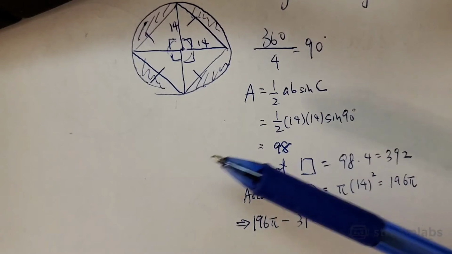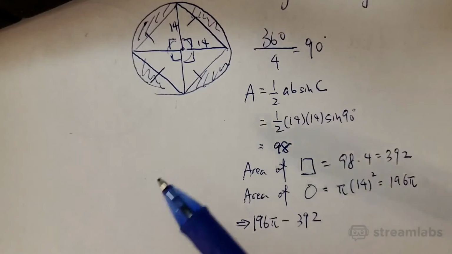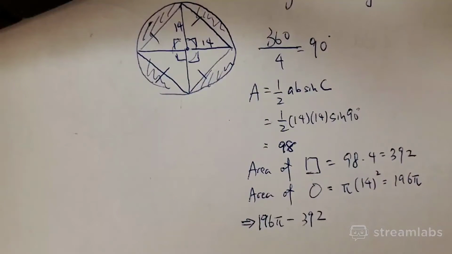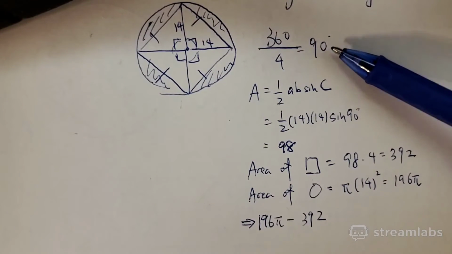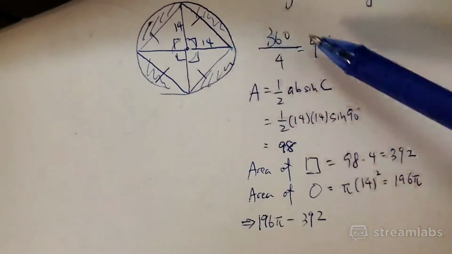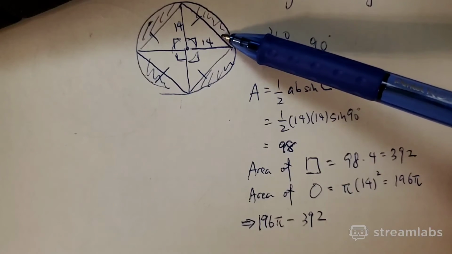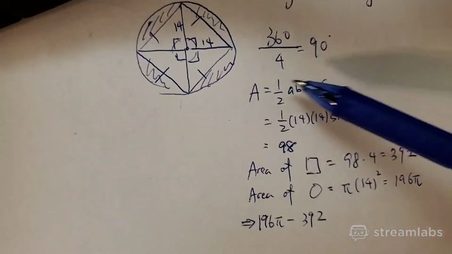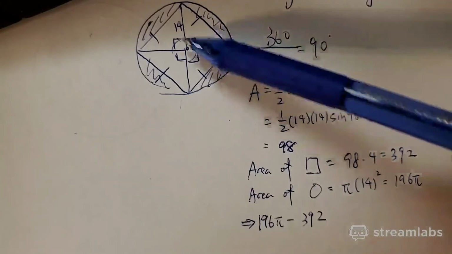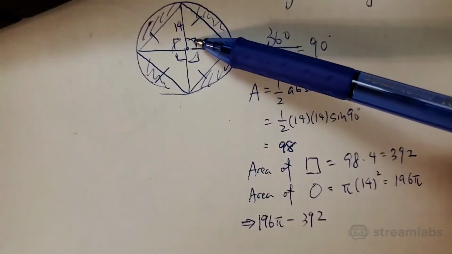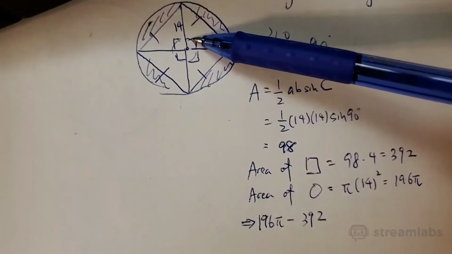Oh yeah, nice. So basically, let me re-explain since the bit rate is up. This circle minus this square, right? To find this square, it's a foregone, so it requires me to find the angle on each triangle first. Divide by 4, I get 90. Since I know the radius, I can use the formula 1/2 AB sine theta, where theta is 90.